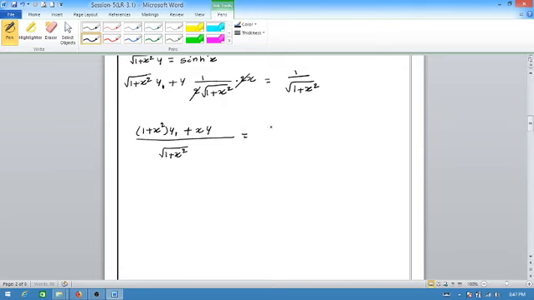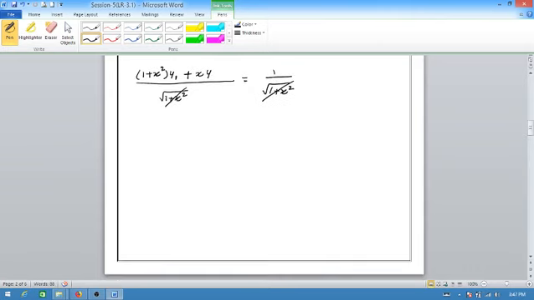That is equal to 1 divided by root of 1 plus x square. This root of 1 plus x square and root of 1 plus x square get cancelled. So now you will get 1 plus x square into y1 plus x into y is equal to 1.